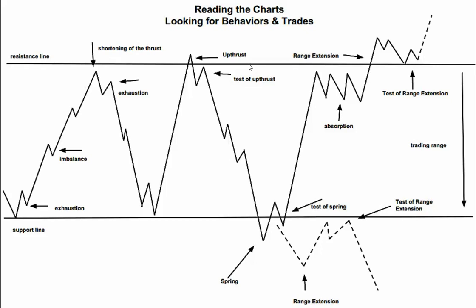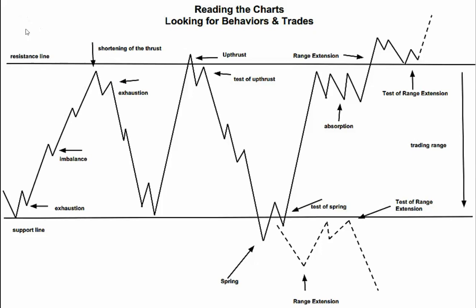We don't need a chart to do this because according to auction market theory, if we look at the resistance line or value high, you can see it right here, and then we look at the support line or value low of a migration of a value area. So we have to look at it in 3 different scenarios. If the market's flat and we're trading horizontally, how do we trade it?